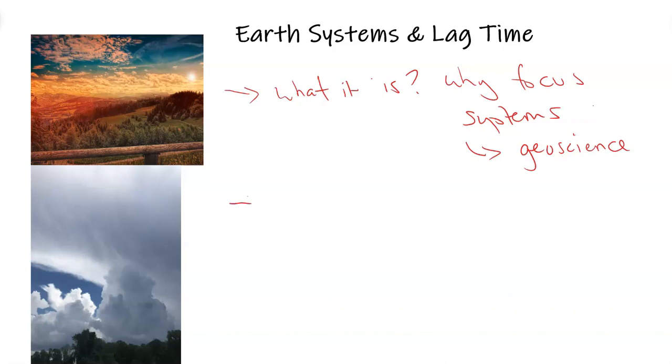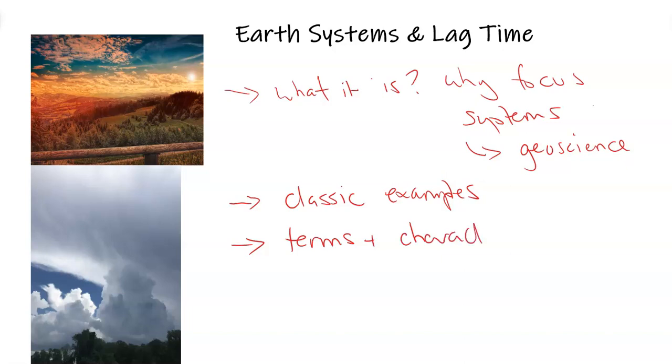We're going to look at the classic examples, the terminology, the terms, and the different characteristics of lag time. We're going to look at the graph because obviously it's a great way to show and illustrate what is going on in terms of changes to a landscape.